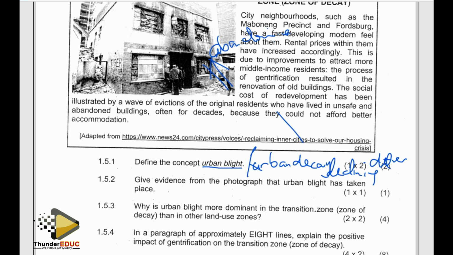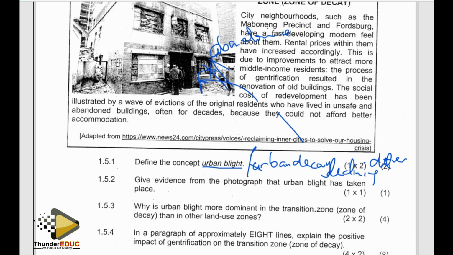So basically the area is deteriorating, is losing its value, and is having crumbling infrastructure, abandoned buildings, and neglected buildings or neglect. That is basically the situation of urban blight. Like what this house suggests, it tells a lot about the problem of urban blight.